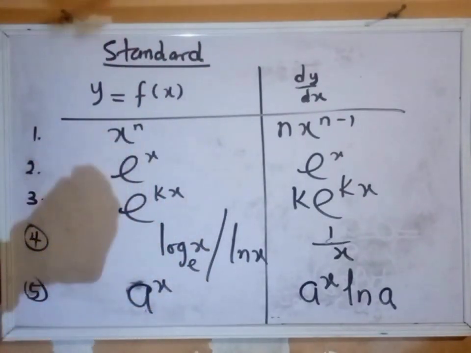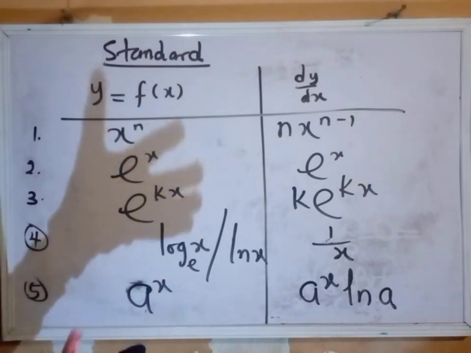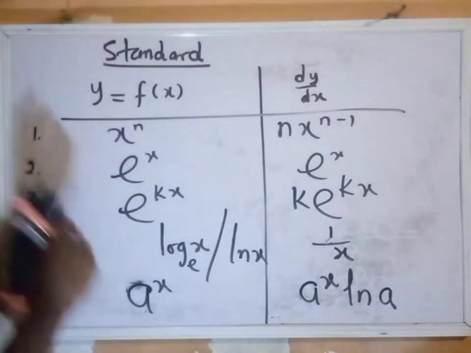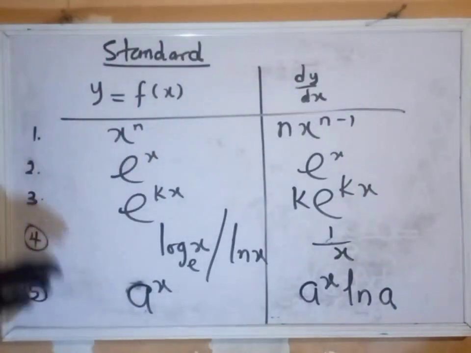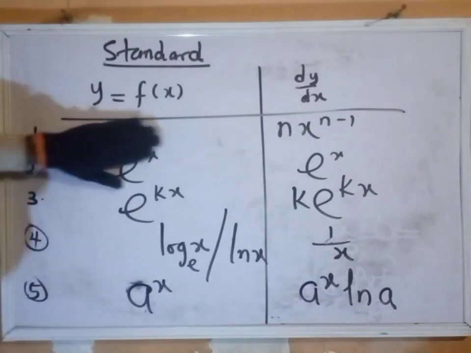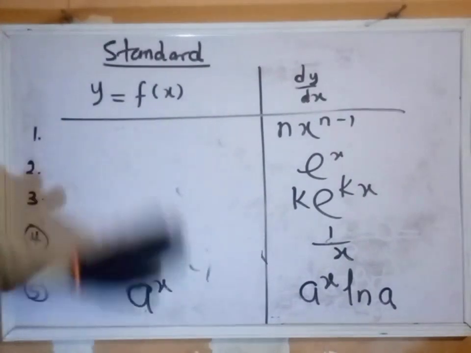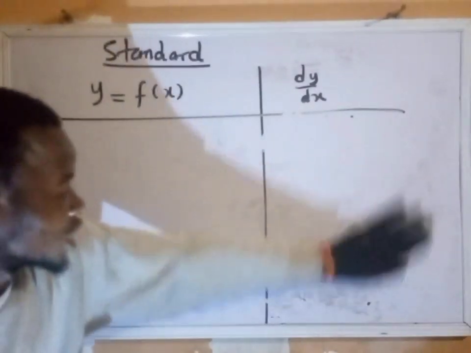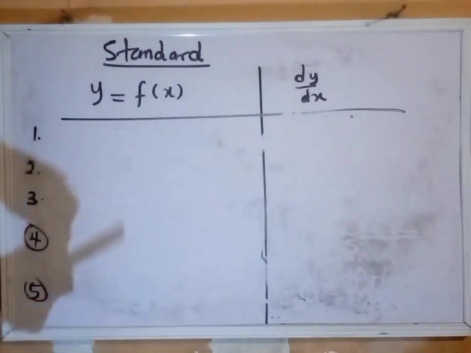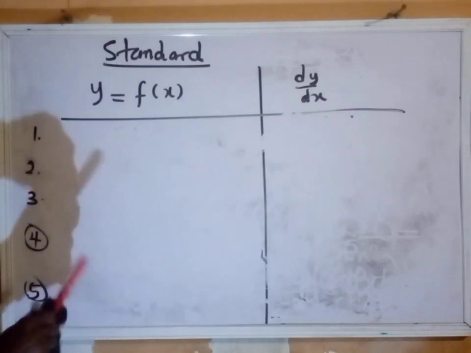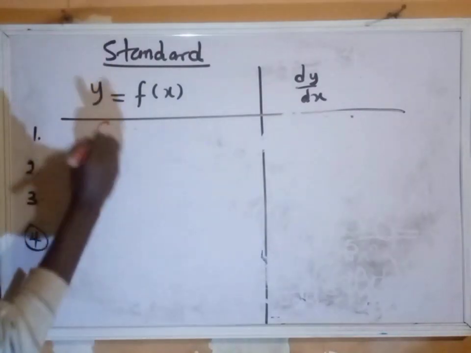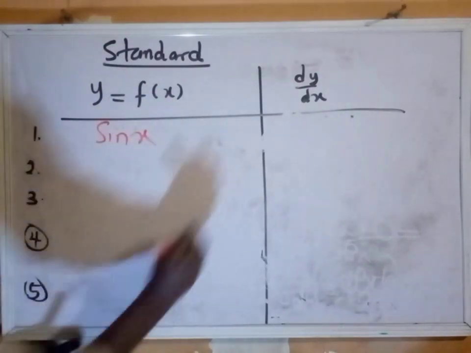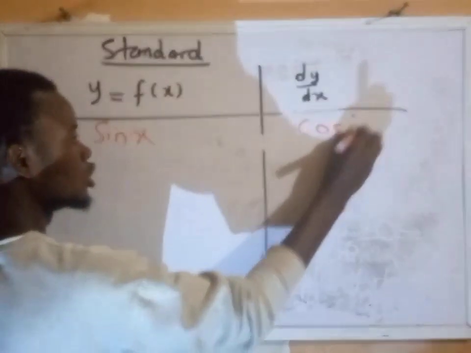So I'm going to rub it now, just for you to get it clearly. That's why I'm dividing the board. So let's see the next one that we need to know as far as standard differentiation is concerned. Okay, I'm going to move to the aspect of trigonometry. If this one is sine x, the derivative of sine x equals cos x.